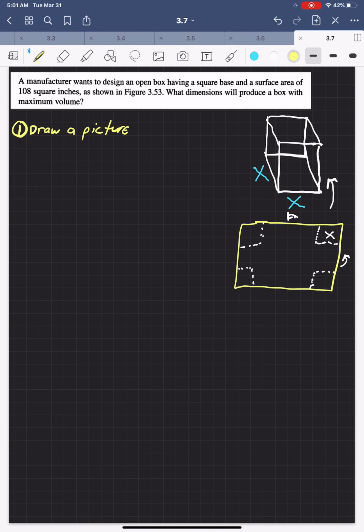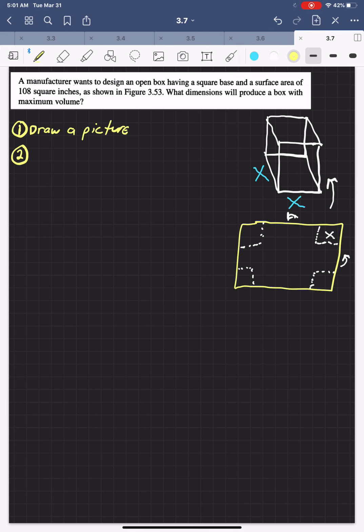I know that I am an incredible artist, but even if you're not an incredible artist like myself, no matter how bad the picture looks, sometimes just having a picture to go along with the words can help guide you through the problem.